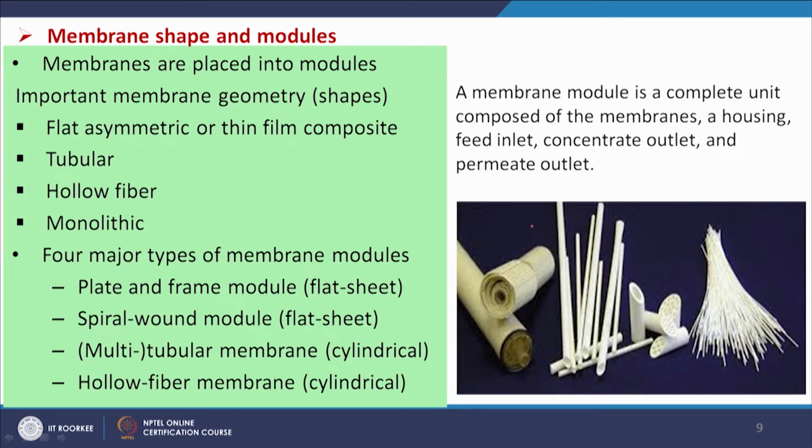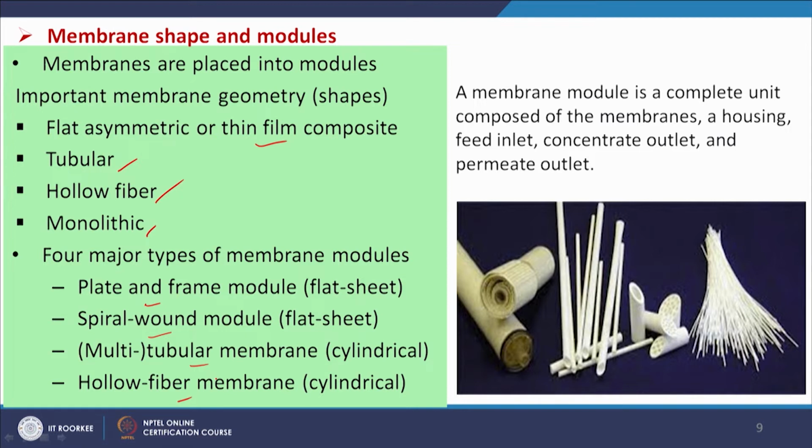So, membranes may have different geometry and different shapes, like flat, asymmetric and thin film composite membrane, tubular membrane, hollow fiber membrane and monolithic structure. And there are 4 major types of membrane modules, that is plate and frame module, spiral wound module, multitubular membrane module and hollow fiber membrane module.